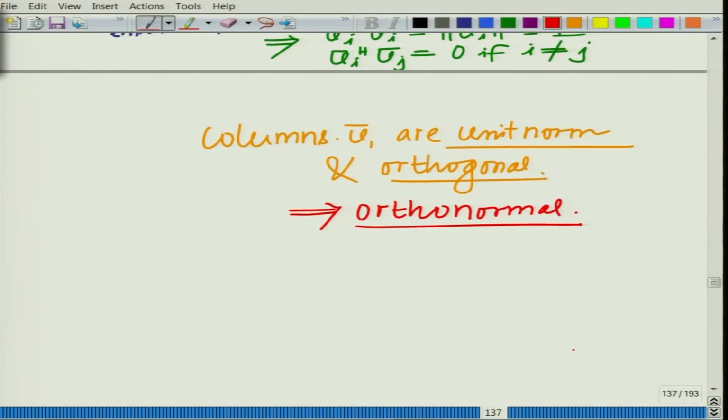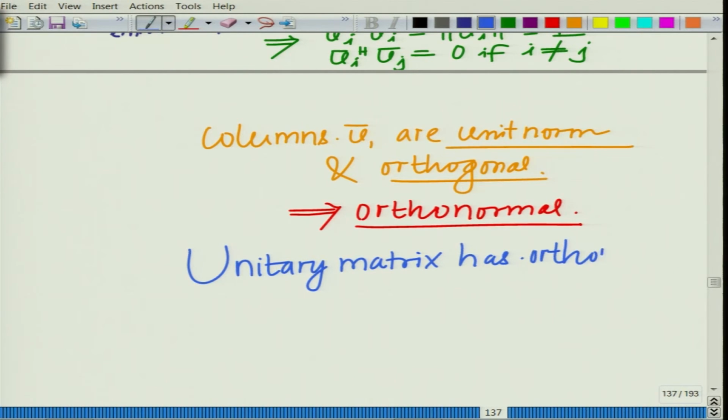So, a unitary matrix has orthonormal columns. Okay. So, this is an interesting property.